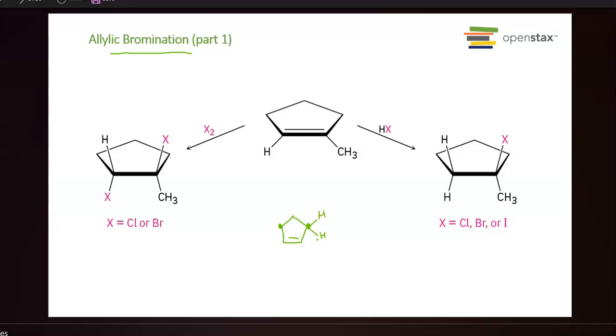If these hydrogens are substituted by halogen, so if this is reacted with a halogen like chlorine, again in the presence of light, then it is generally seen that the halogen is substituted at the allylic position.